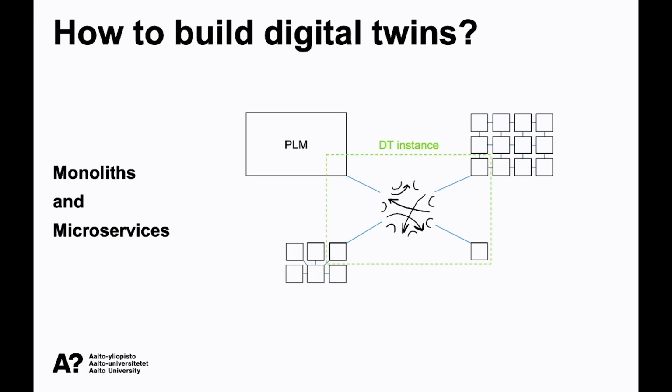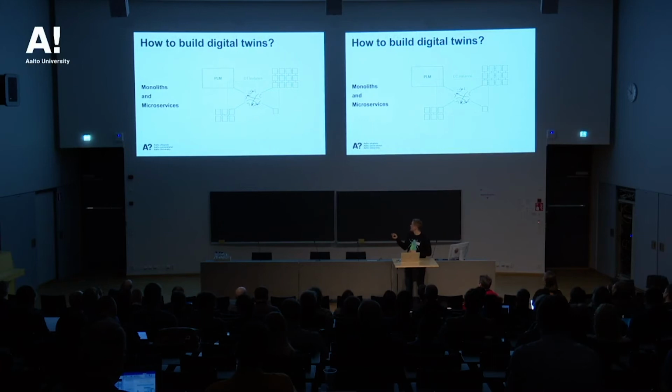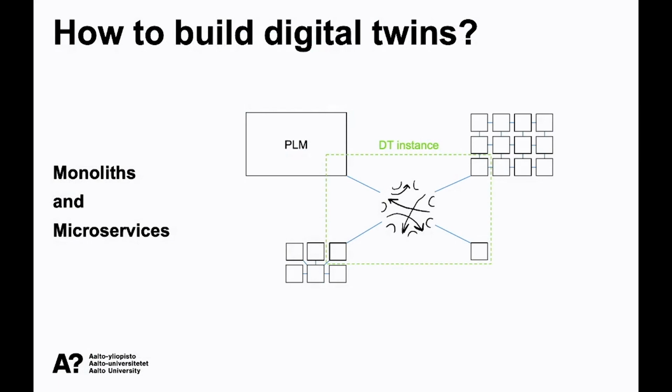But you can also combine them, of course, as we saw in the video. A combination of monoliths and microservices based digital twin blocks. And of course, microservices are used in many different ways. When you turn a monolith into microservices, it may look like this from the PLM, but there are many ways you can do that.